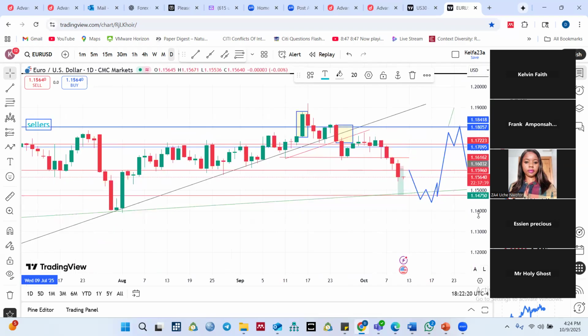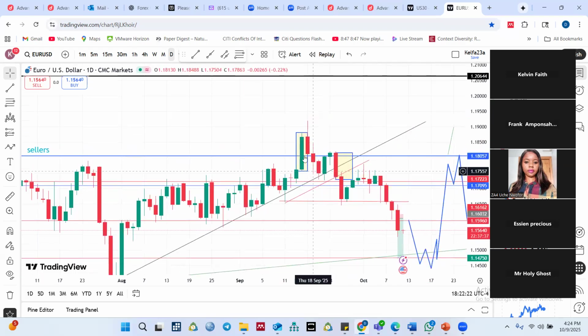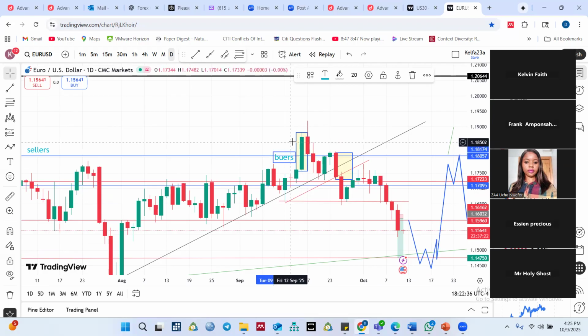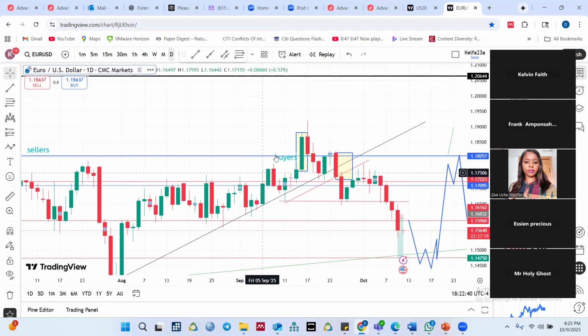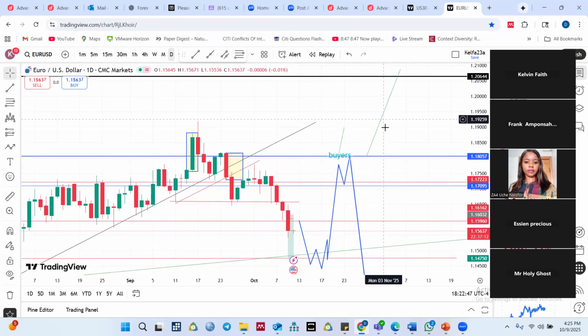Then this time, the third time, when it hit the blue line, it went over it and closed body. What is the meaning of this? This is indication. This is intention. It's telling us that buyers want to take over above the blue line. So anytime price comes back up above the blue line, we should expect more buys.